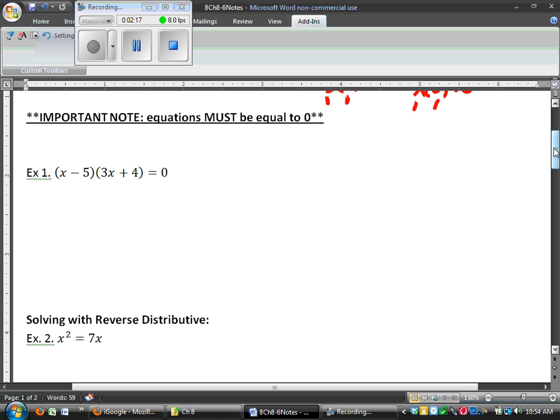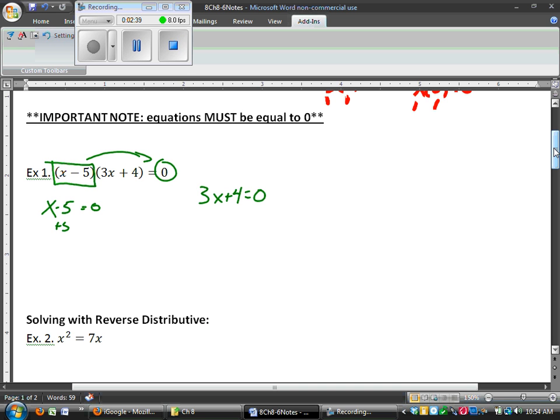Since I have two things multiplied that equal 0, I'm going to take each part and set it equal to 0. So we'll say x minus 5 equals 0, or 3x plus 4 equals 0. The zero product property tells us that one of those two has to equal 0.